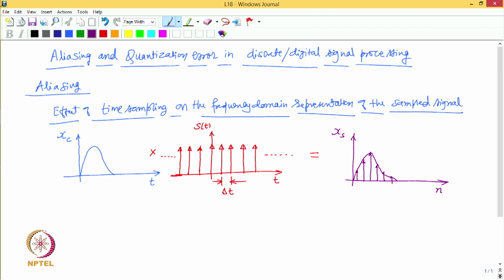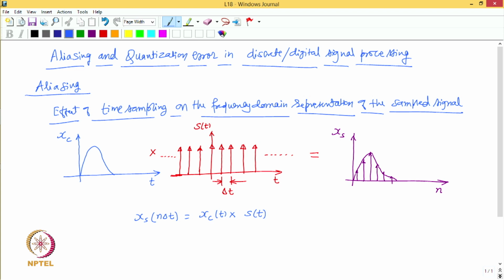So, mathematically, therefore, we can write xs, which is now a sampled sequence or a sampled signal, with delta t, is equal to xc(t) multiplied by s(t).